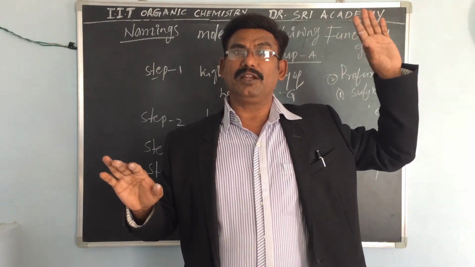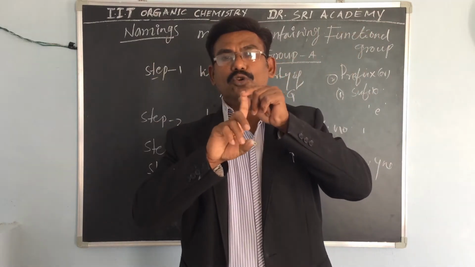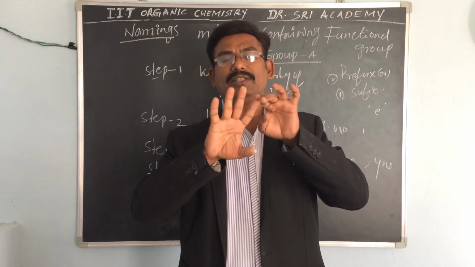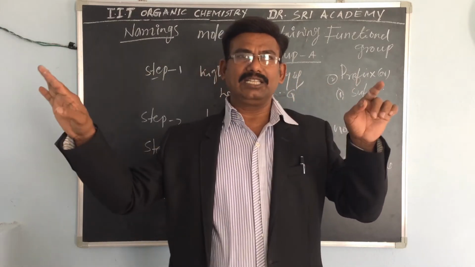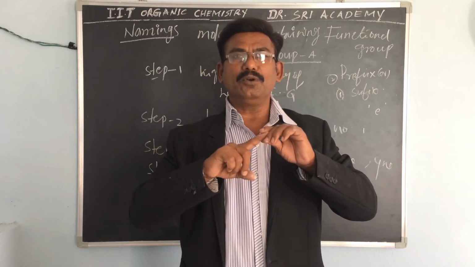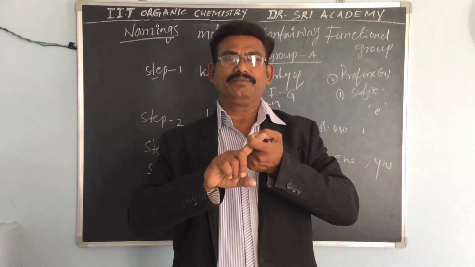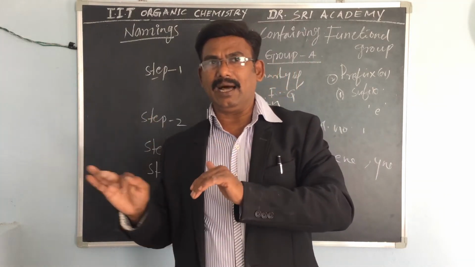If 3 functional groups are there, among the 3, you have to choose only the highest priority one, with the long chain. That is step 1. In step 2, which one is the highest priority? Give it the lower number. In step 3, multiple bonds, alkenes and alkynes.